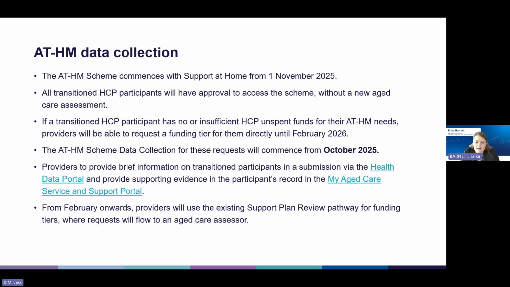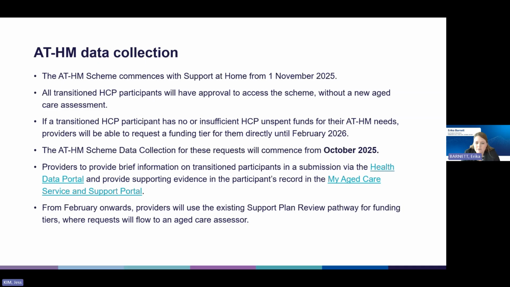So a new piece of work that some of you may not be aware of, and we're about to be publishing some public information on that soon, is the ATHM data collection. So ATHM is assistive technology and home modifications, and it's a major part of our supported home program going forward, one of the short-term pathways.